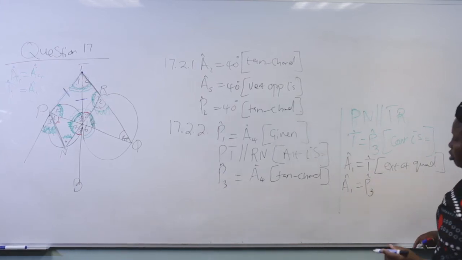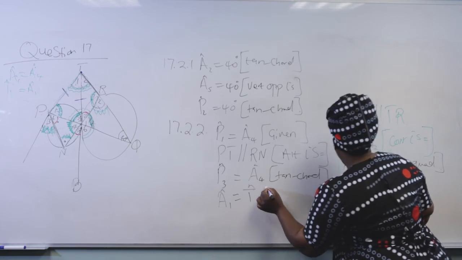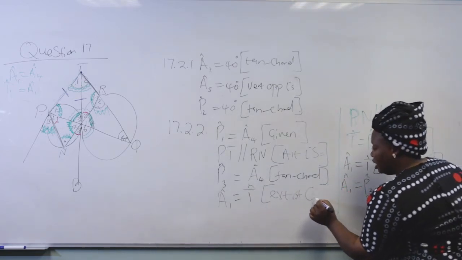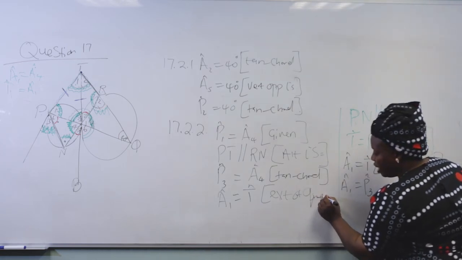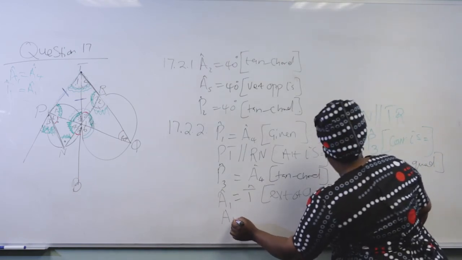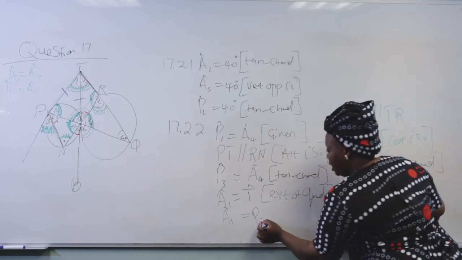Okay, so let's put it here. A1 equals T, exterior angle of a cyclic quad, and therefore A1 is also equal to P3.